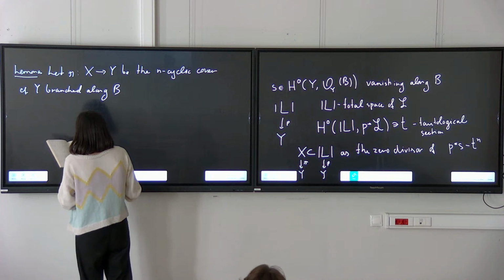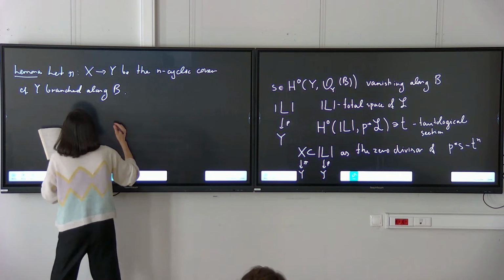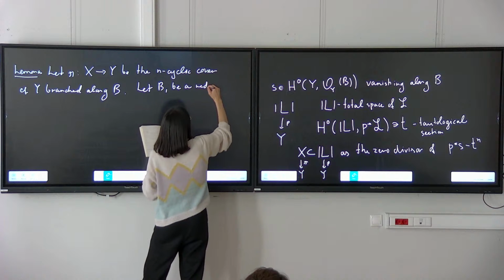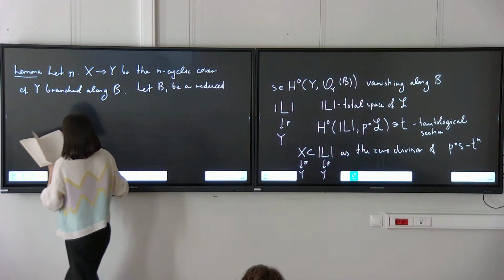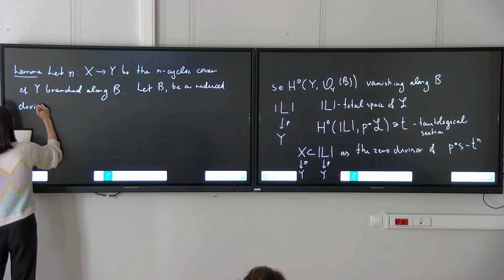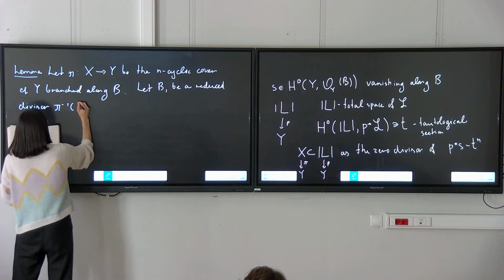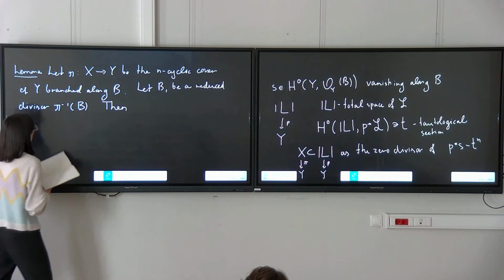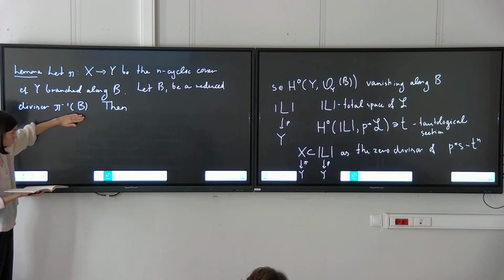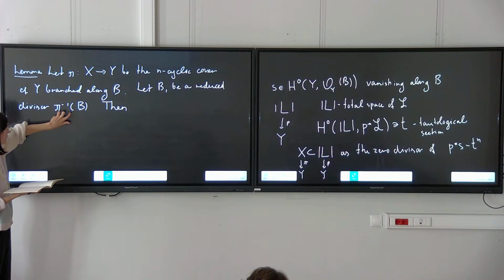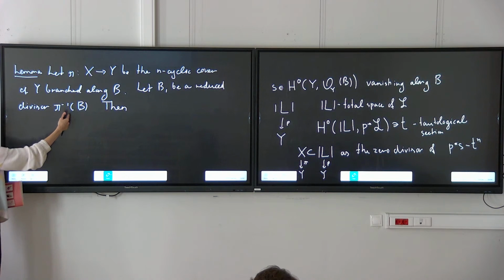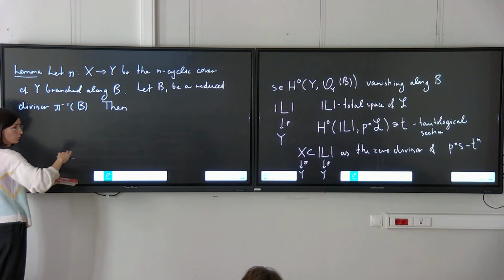Branching along B. And let B1 be the reduced divisor, the preimage of B. What is reduced? It means the reduced scheme. The preimage of B, of course, is not reduced. It's n times B, and we consider just the corresponding underlying scheme.